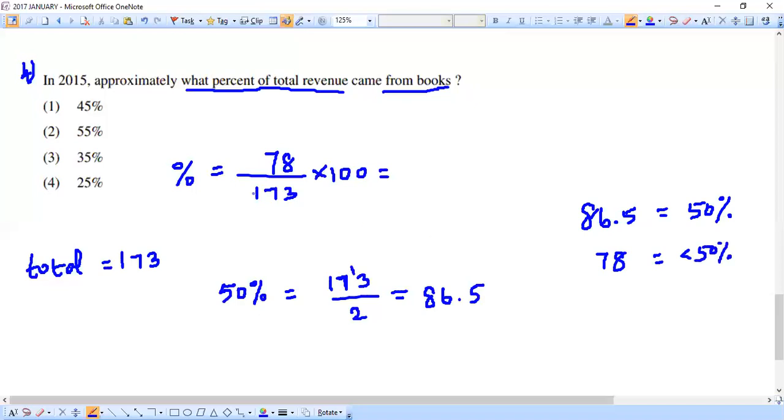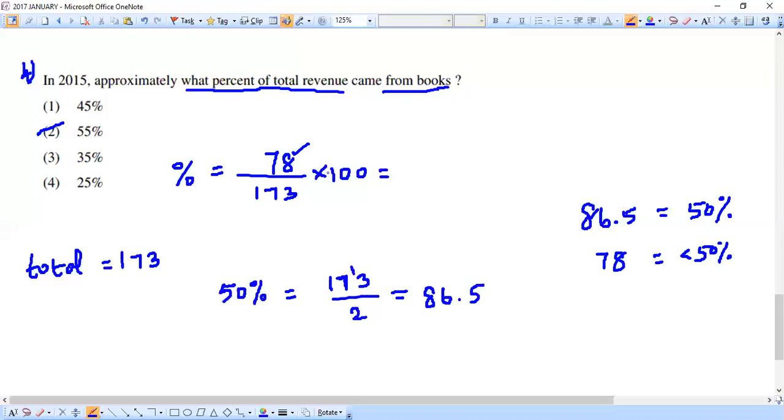So in that case, we can definitely eliminate option 2, which says 55%, right? See here, 50% itself is 86.5. In that case, 55% has to be definitely even more than 86.5. But see our value, we just need to find the percentage of 78. So it must be less than 50%. Closer values are 45, 35, everything is there.